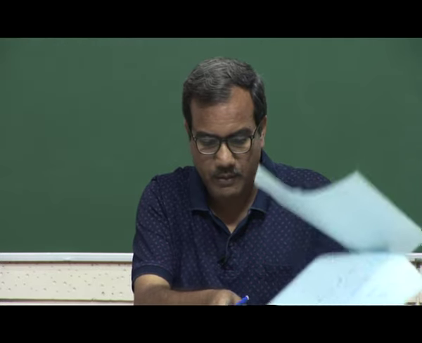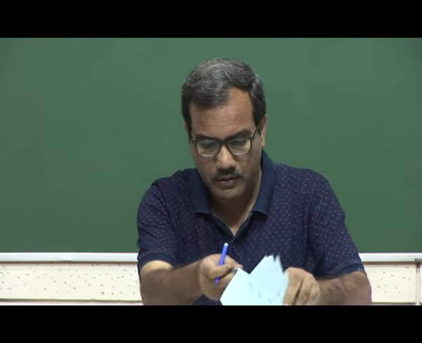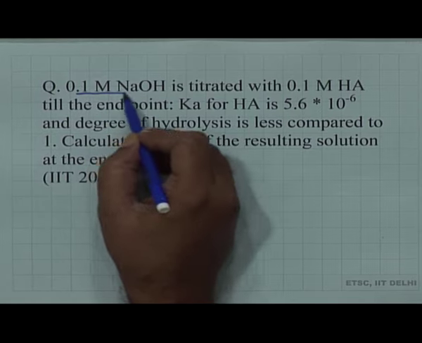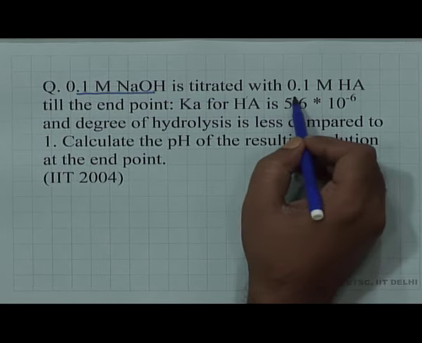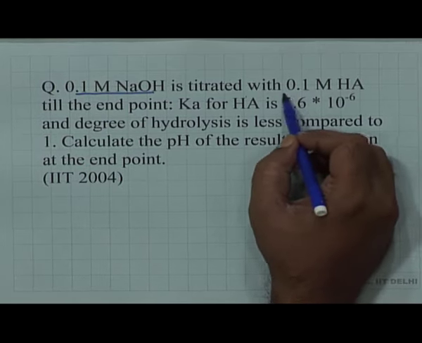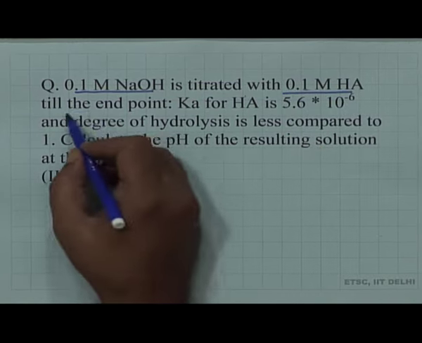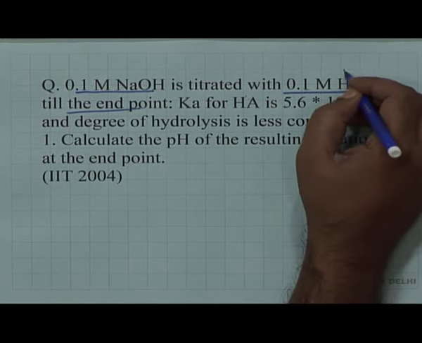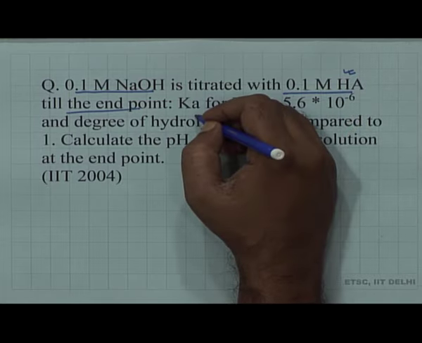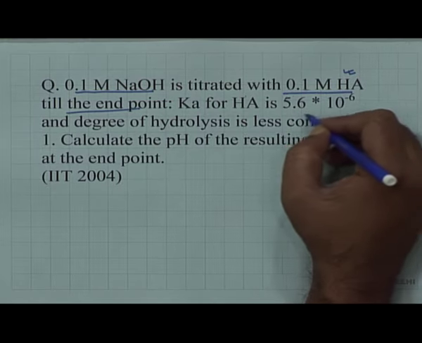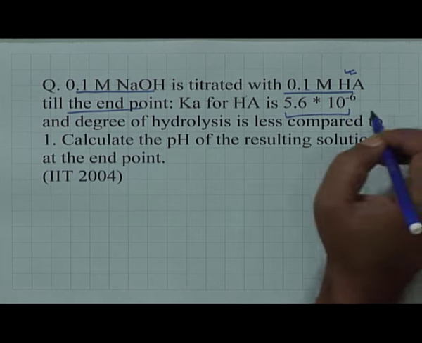So, let us see one more question. What is given is 0.1 molar NaOH is titrated with 0.1 molar HA till the end point. HA means weak acid, Ka for HA is 5.6 into 10 to the power minus 6.